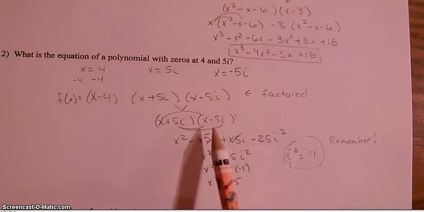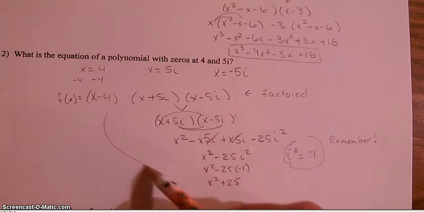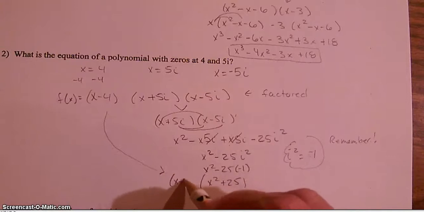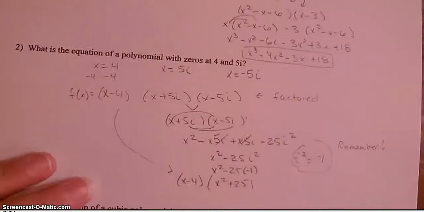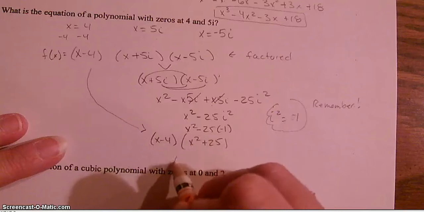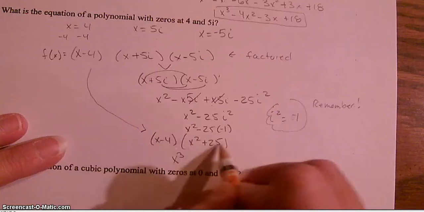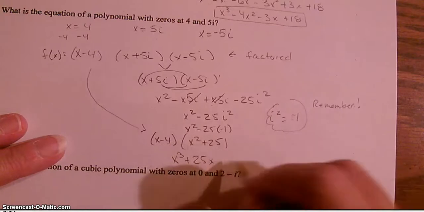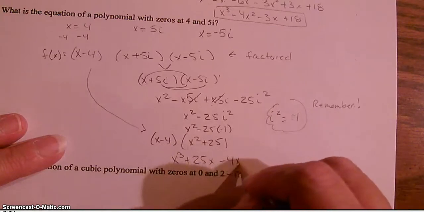Okay, so that's these two factors, so I'm going to bring down this x minus 4 here and multiply that through. So I wind up with x times x squared gives me x cubed. X times 25 is plus 25x. -4 times x squared is minus 4x squared.